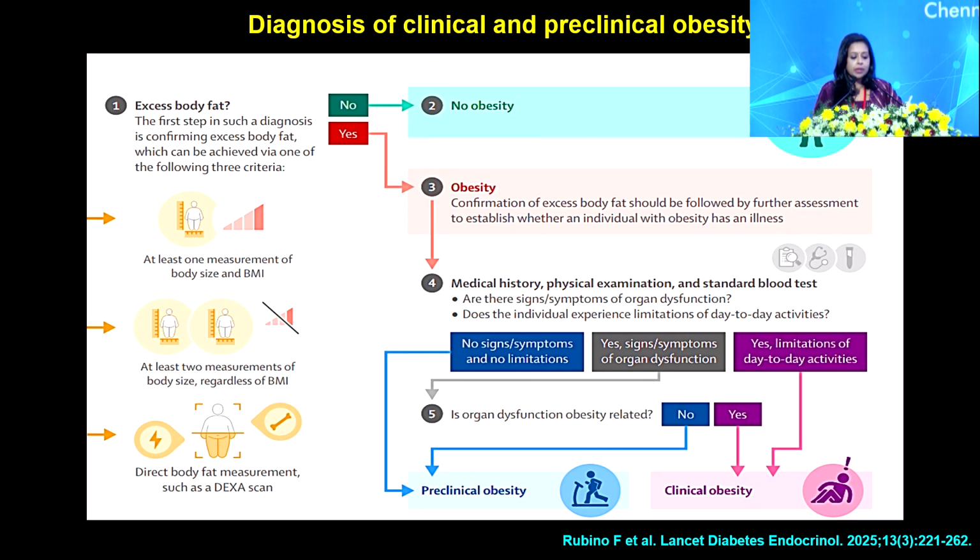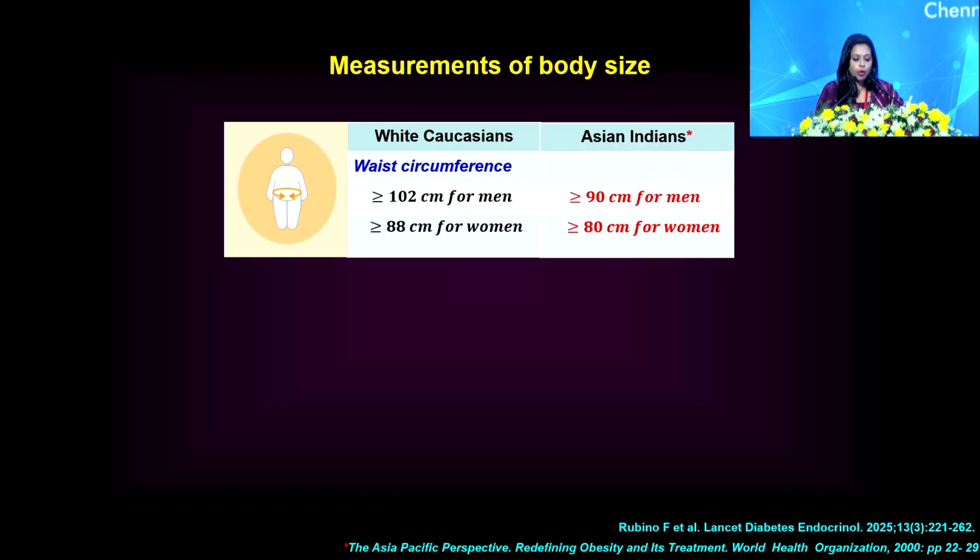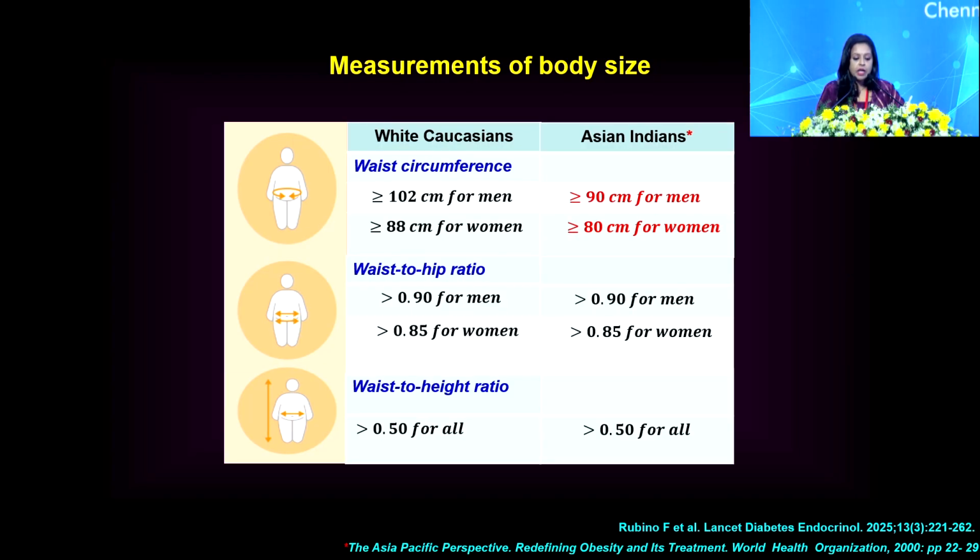So what is the approach to this? The first step, as I said before, is to establish excess body fat. How does one do that? If you're using BMI, you have to have at least one more measure of body size. So what are the measurements of body size that are acceptable? You need to have either a waist circumference, a waist to hip ratio, or a waist to height ratio.